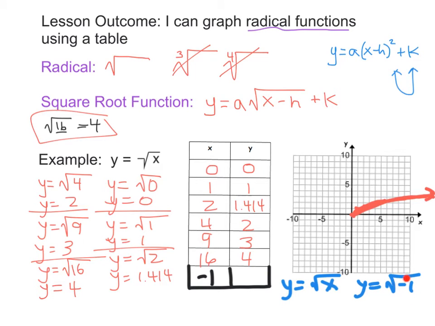So there's no way I could multiply a number times itself and get a negative value, which means that there is no point at -1 for an x value. This graph starts and does not continue past this location right here. So this is the total and complete curve for this radical function.